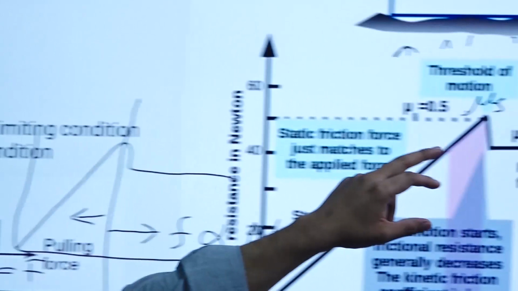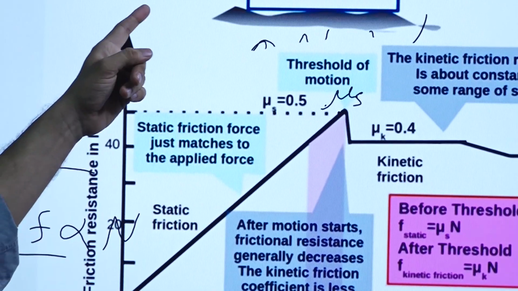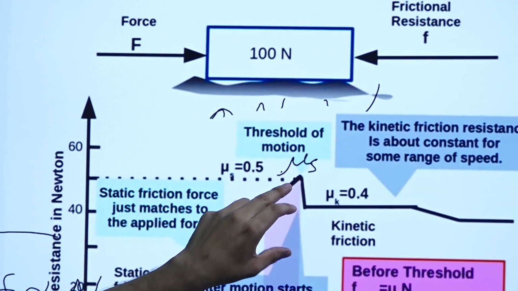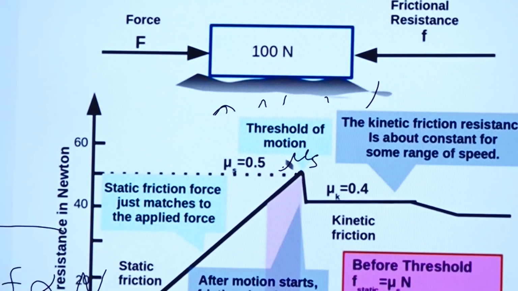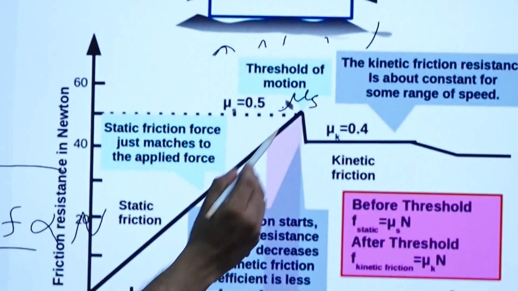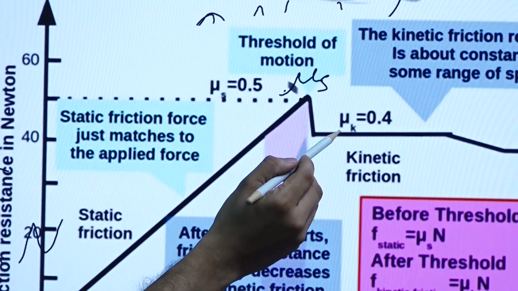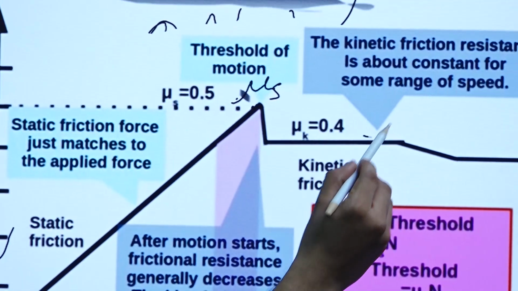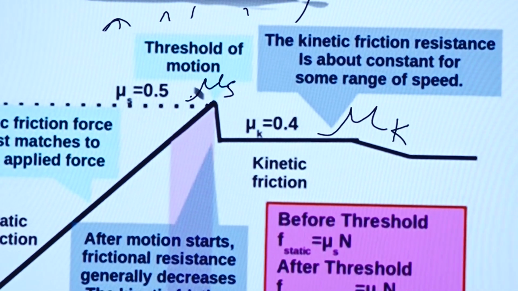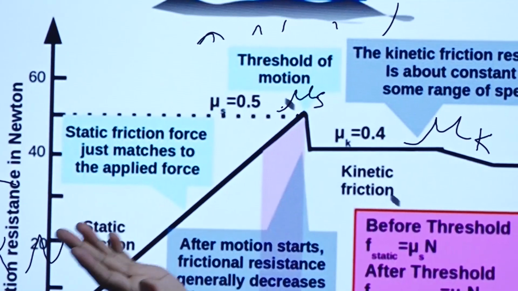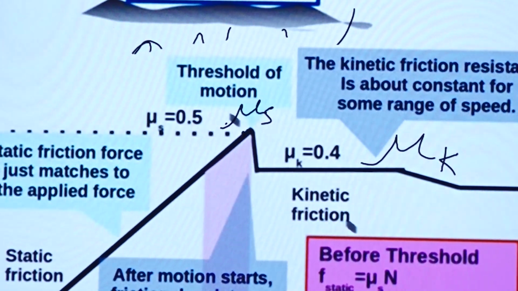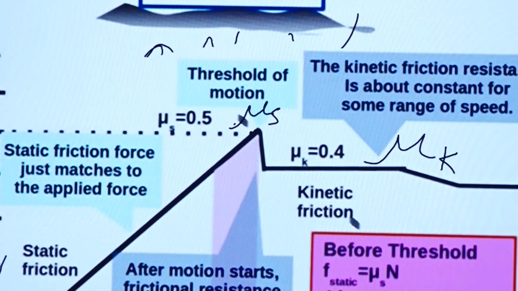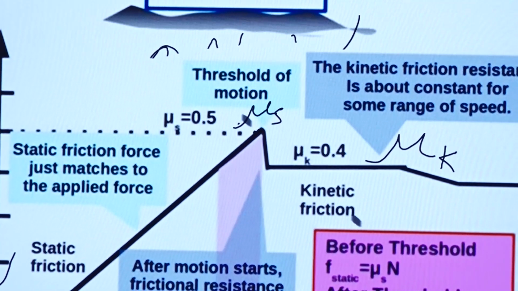If the body is static and it is having maximum load, at that time frictional resistance will be mu s, that is the static frictional coefficient. Just after that, this mu s will decrease and it will become mu k. What is k? Kinetic. So when the body is moving, mu s will decrease to mu k. Mu s is the frictional resistance for the static body and mu k is for a moving body. That's how we can understand it.